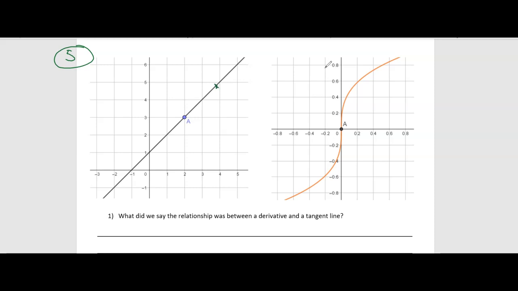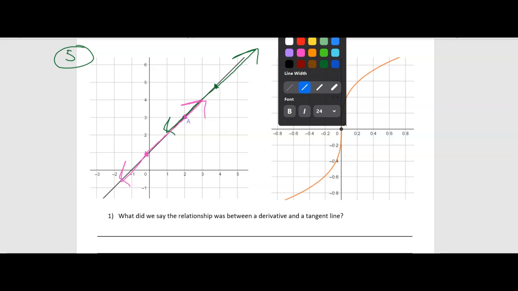As I approach point A with a secant line from the right, that slope is going to be the same as I approach point A with a secant line from the left. And it just turns out that the tangent line at point A is the same as any secant line that you could draw for this graph. So we are able to draw a tangent line to the graph for number 5. It's just going to look exactly like the graph itself. It's going to be the same line.